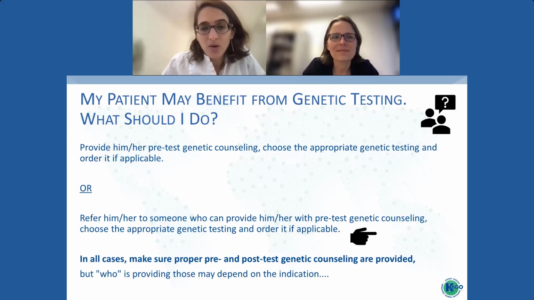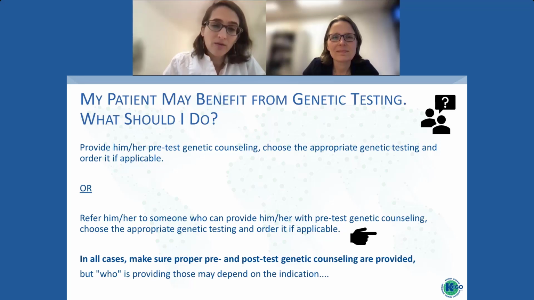So the first question that each physician would ask themselves when they see a patient who may benefit from genetic testing is, what should I do? And really there are two major routes. The first is you can yourself provide your patient with pre-test genetic counseling, choose the appropriate genetic testing, and order it if applicable.